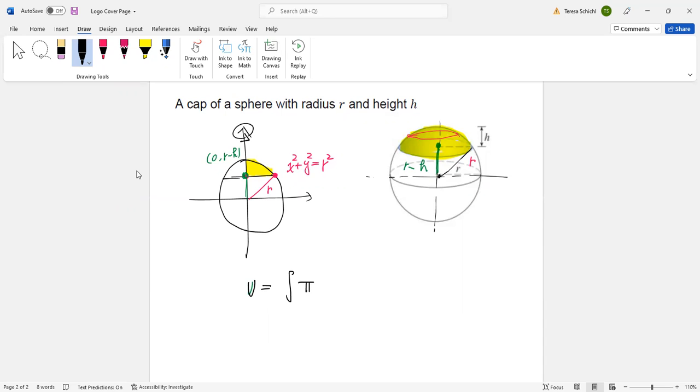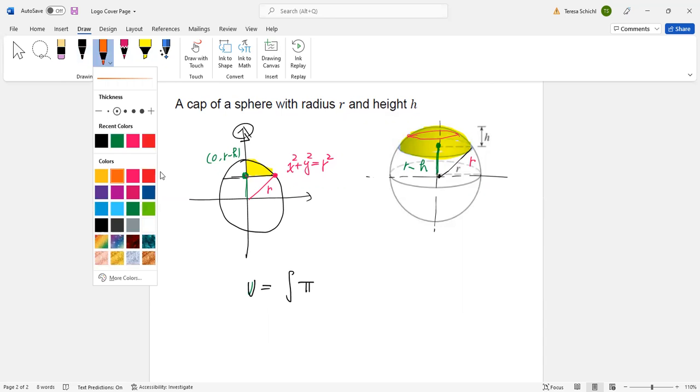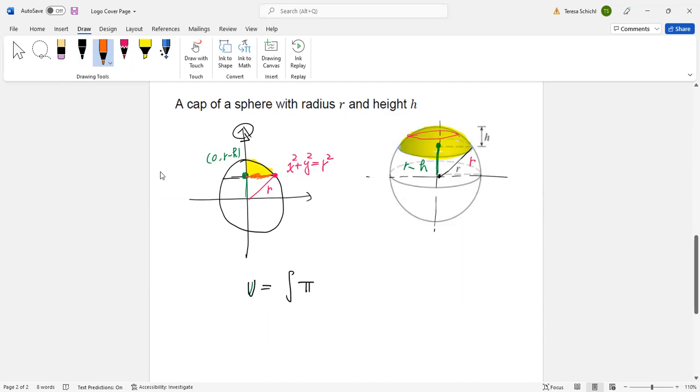This distance here is my r, which is x, because I'm rotating around the y-axis. So x is equal to the square root of r squared minus y squared.